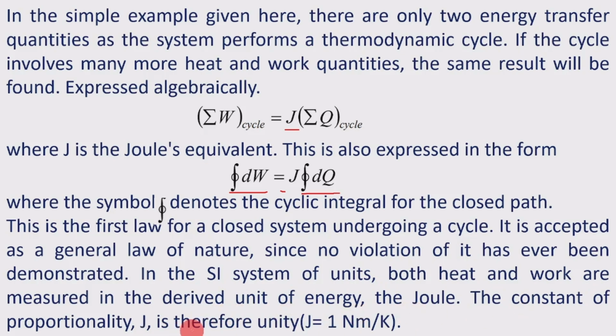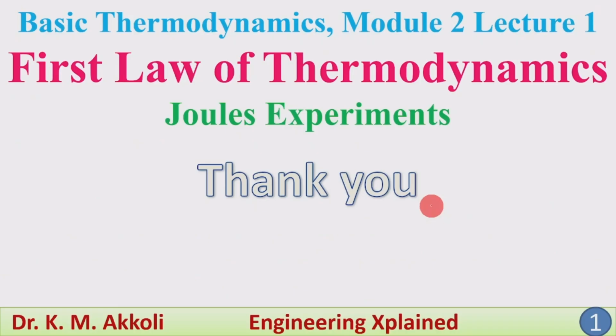The constant of proportionality J is therefore equal to 1 Newton meter per joule. And this is Joule's experiment. By that we get these relations, which give the first law of thermodynamics for a system undergoing a cycle.